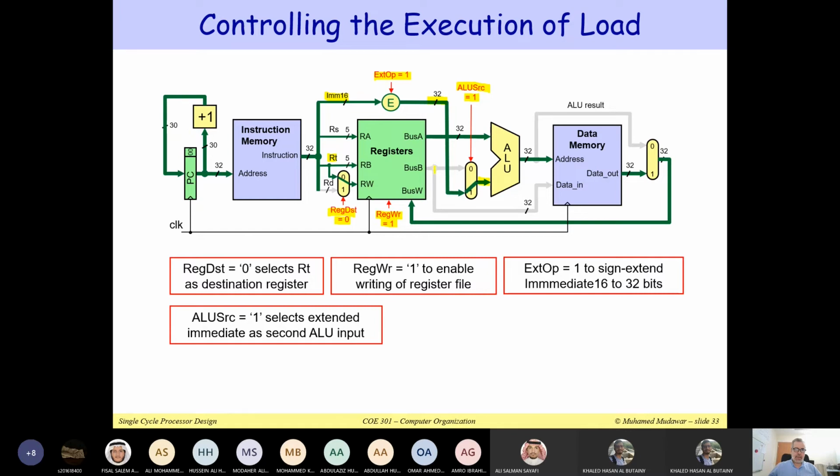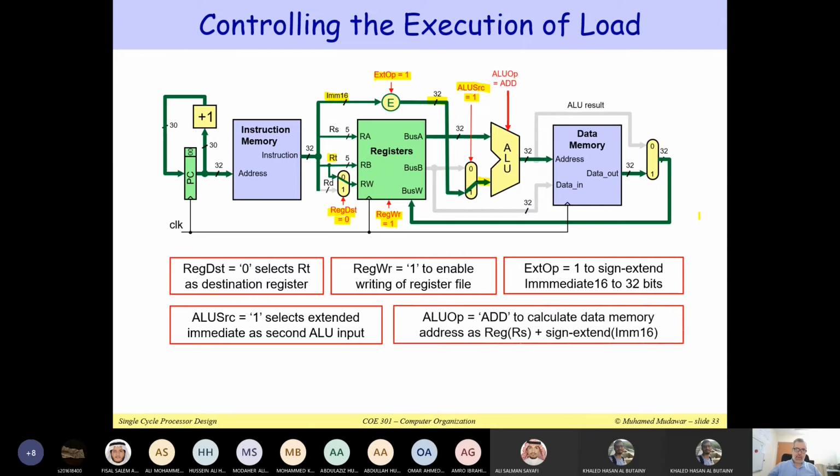There is no data here on bus B, so we have to select the immediate. The value of register RT is not important because RT is not a source, it is a destination in the case of a load instruction. We also have to control the ALU, so the ALU operation is add. In the case of a load instruction, we do addition inside the ALU.